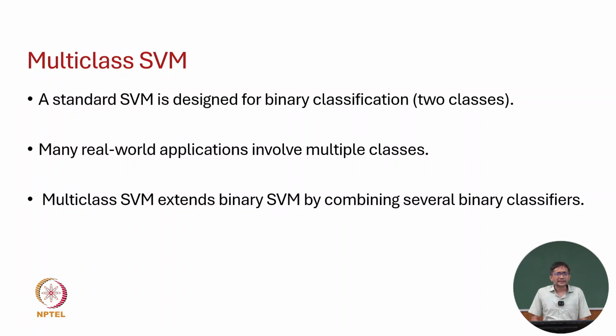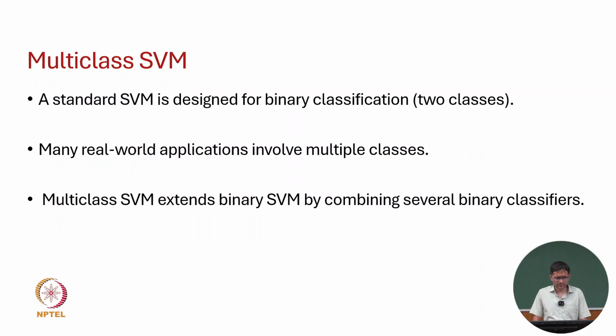Another important aspect that needs to be discussed quickly is multiclass SVM. Already in the last lecture, I had mentioned that SVM is indeed for two classes, whereas the multiclass version is possible.